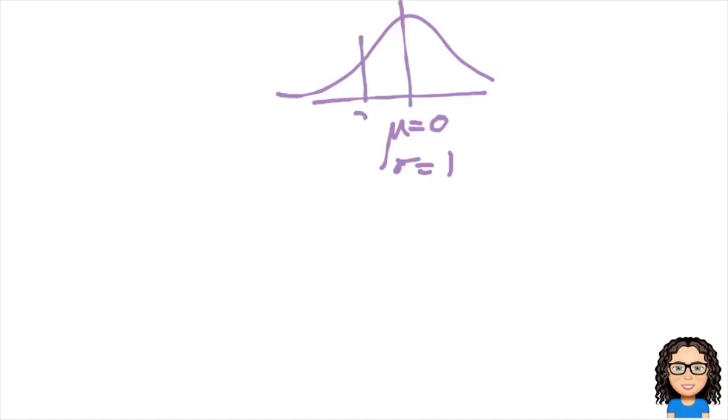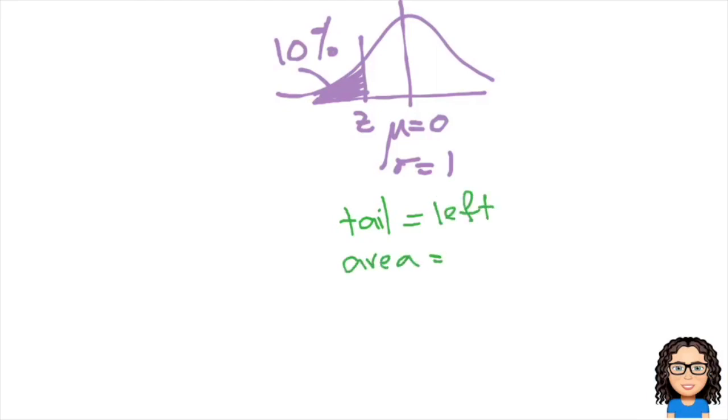And we want to find the Z value so that this tail, the area below it, is 10%. So we're using the inverse normal distribution. Our tail is going to be on the left hand side and the area is 0.1, or 0.10.